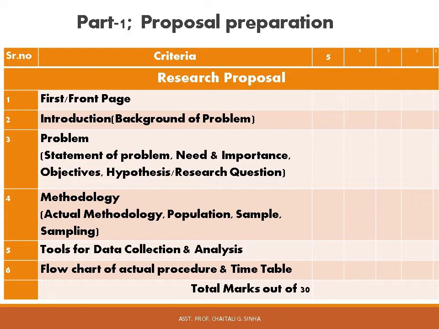Then after discussion with her, decide if you can take that, and based on that you have to make a proposal. Proposal is nothing but the rough draft which gives an idea of how you are planning to go about your research. In this, it will consist of a first page.